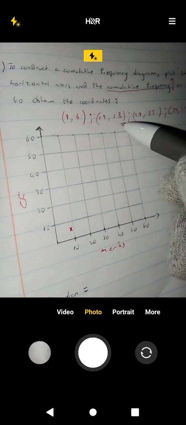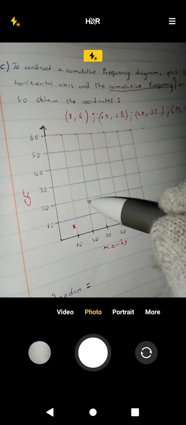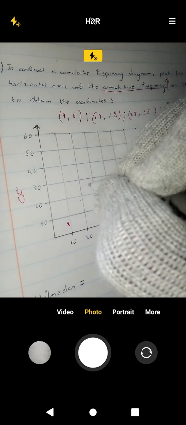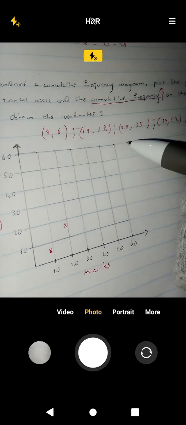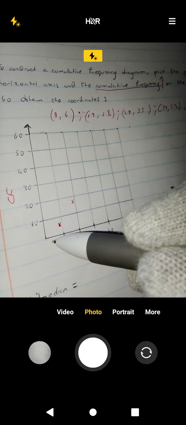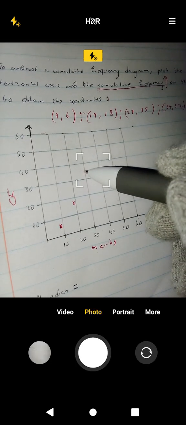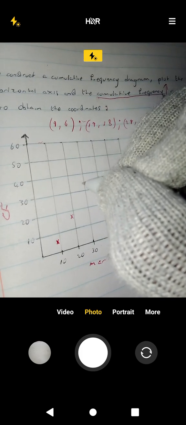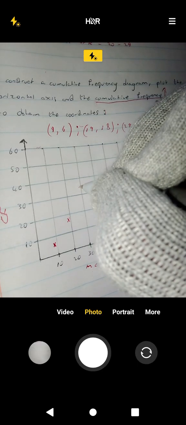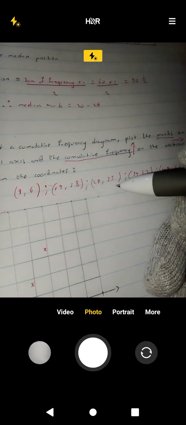And then we have 19,18, which should lie about here, and then we shall make a cross. 29,35 shall be about here. I hope you are plotting along with me. So this is 29,35.